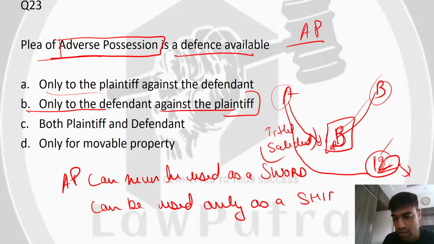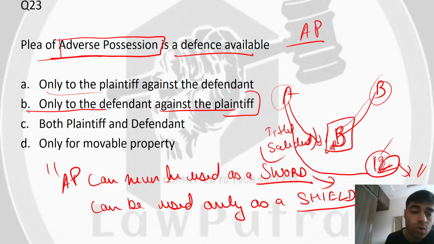Alright, इस quotation को याद कर लेना, this is very important for your adverse possession. So that means it can never be used to attack a particular claim, it can only be used as a matter of defense. तो डिफेंस के लिए कौन लेगा? डिफेंडेंट ही लेगा. So that means only defendant against the plaintiff, and plaintiff नहीं बोल सकता.